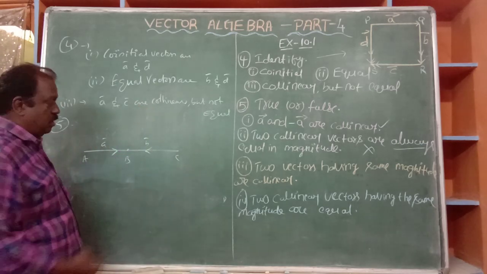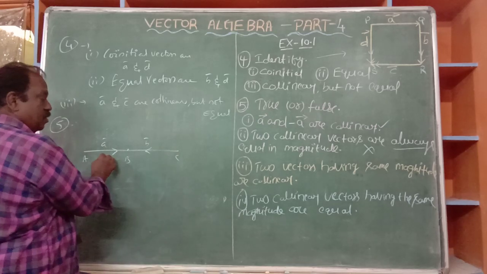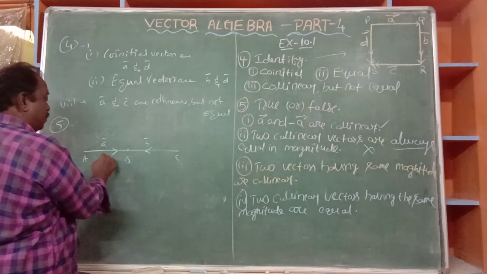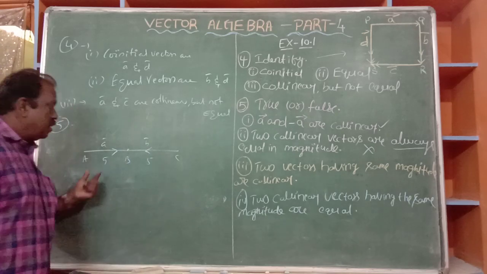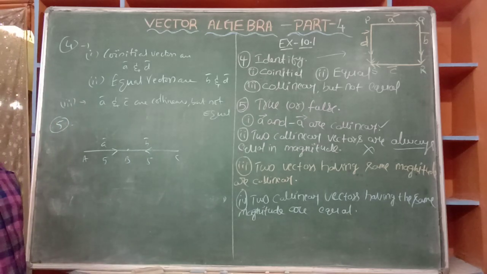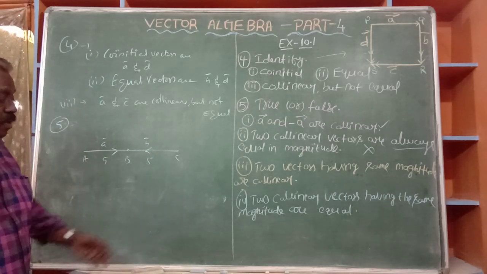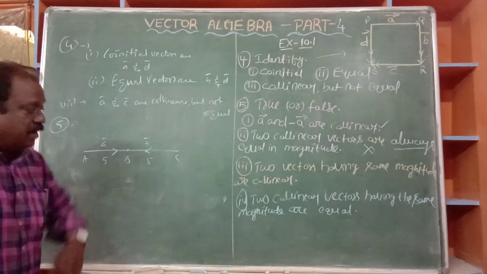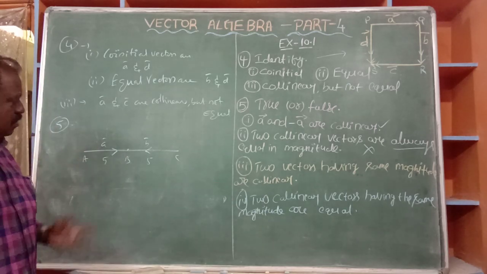If like this, they are collinear. Of course, their magnitudes are 5 units and 5 units. Here, are A bar and B bar equal? No. Magnitudes are equal, but they need not be equal.